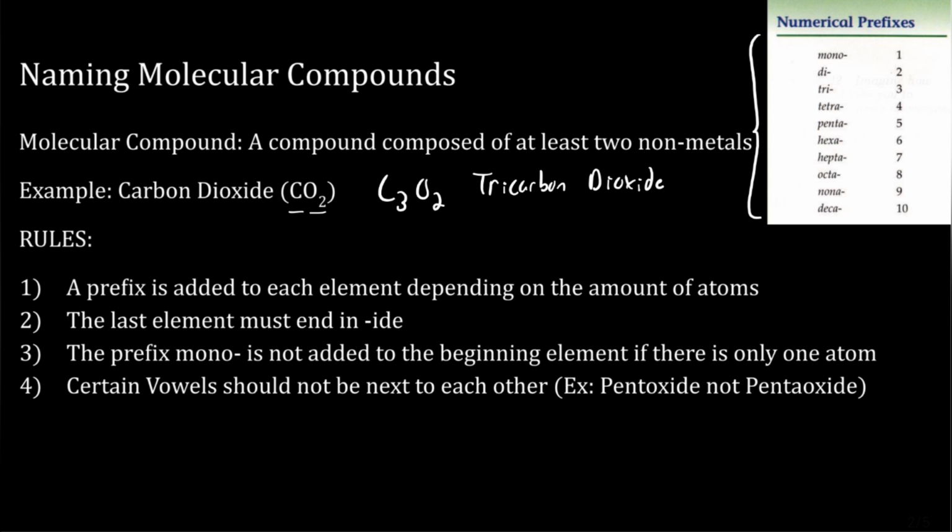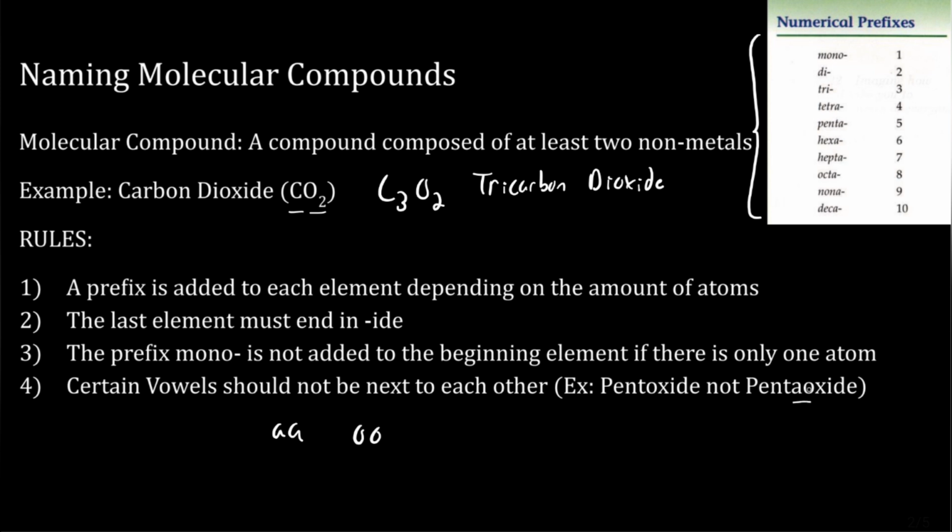And rule 4 is a very niche rule. You most likely won't have too much of an issue with your chemistry teacher if you break this rule. But essentially, certain vowels shouldn't be next to each other. Like you shouldn't have two A's next to each other, like two O's. And what this looks like is here we have pentaoxide.